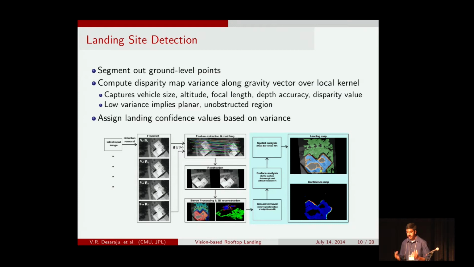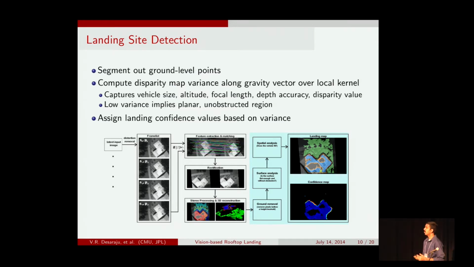Finally, once we have this information, we can start to identify potential landing sites in the environment. To do this, we start by segmenting out anything that we determine to be at ground level. We want to land on top of the building, so we start by removing the ground. Those are indicated by the green patches in this figure here. Once we do that, we can compute the variance along the gravity vector at each point of the disparity map, using a local kernel.